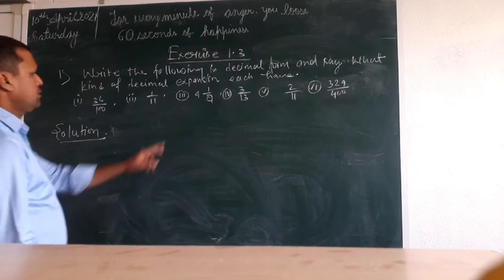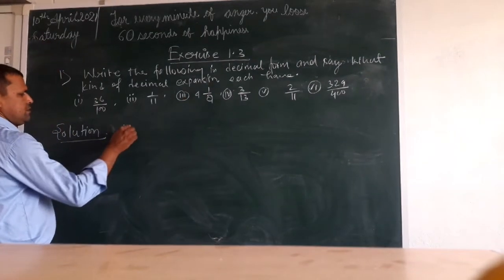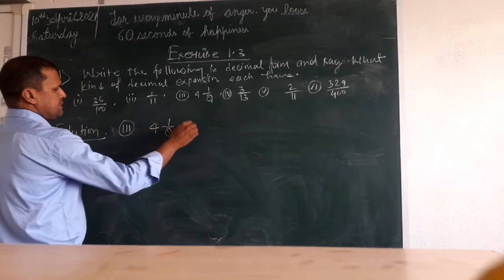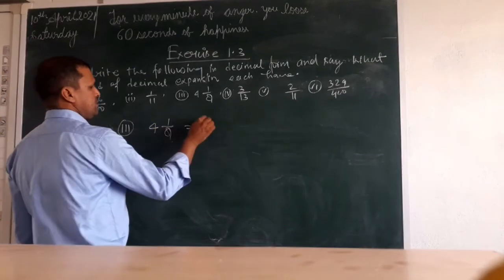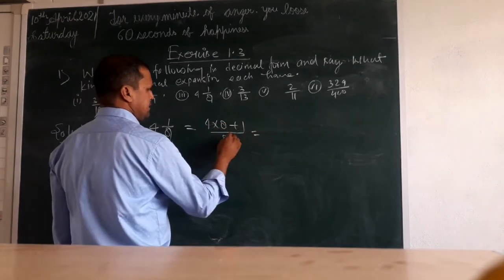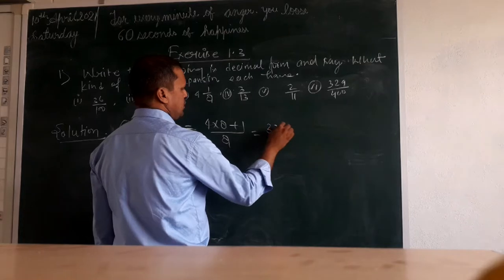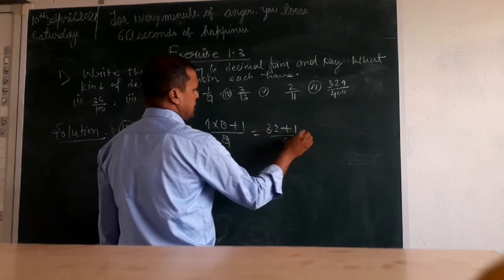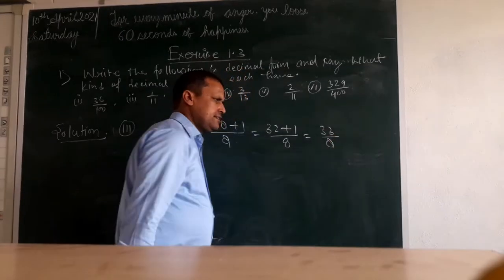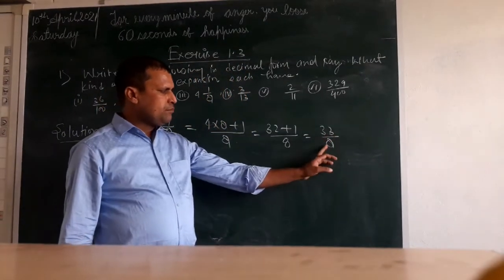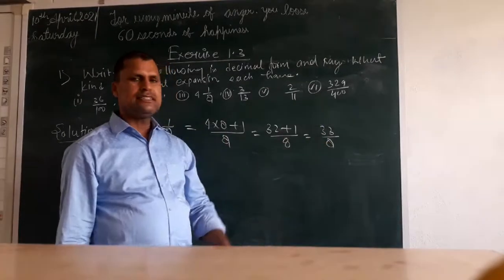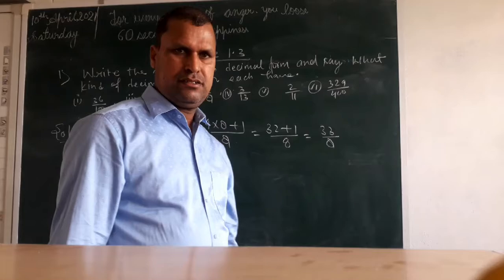See the third question, 4 and 1 by 8. This can be written as 4 into 8 plus 1 by 8, means 32 plus 1 by 8, which is 33 by 8. Since the denominator is 8 and has the factor 2, it is a terminating number.